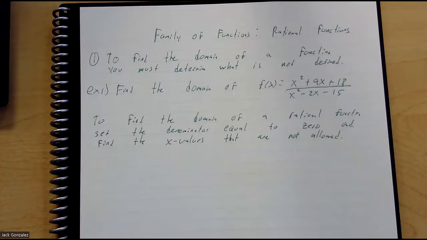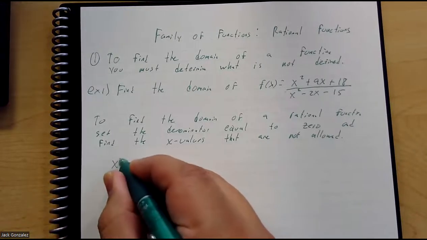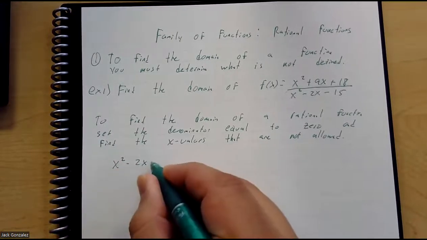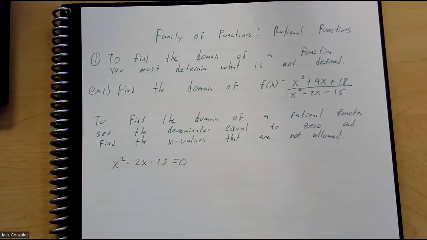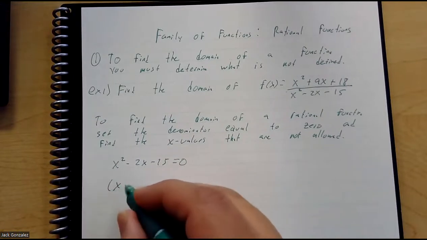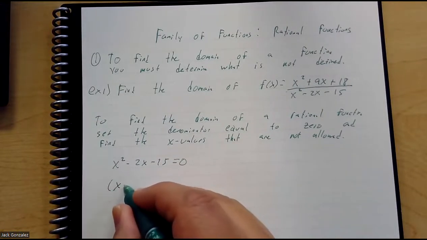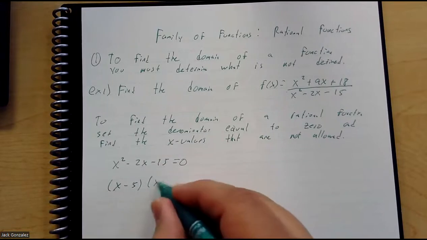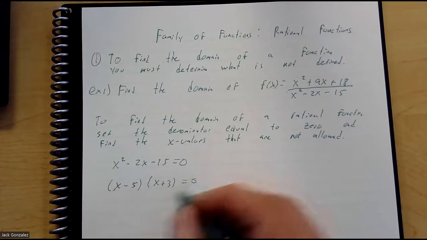So you're going to take that x squared minus 2x minus 15, set it equal to 0, solve it, and you'll know those are the two numbers that we cannot use. Factor this, that'll be x minus 5 times x plus 3.